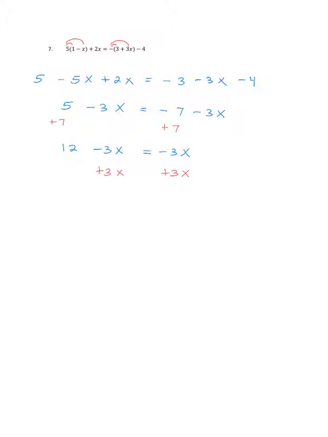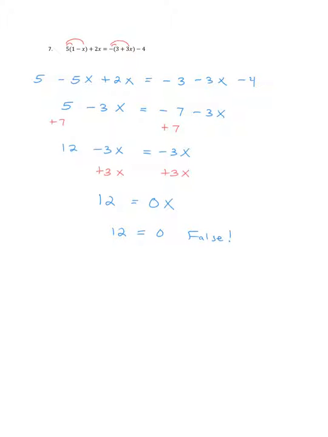But this is weird. When I do that, on the left, I have 12, and on the right, I actually have 0. You could put 0x, but 0 times anything is simply 0, and we have this statement. 12 is equal to 0. That's a false statement. But all these steps are equivalent steps.